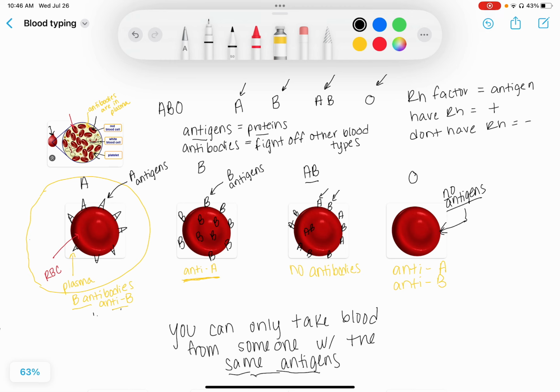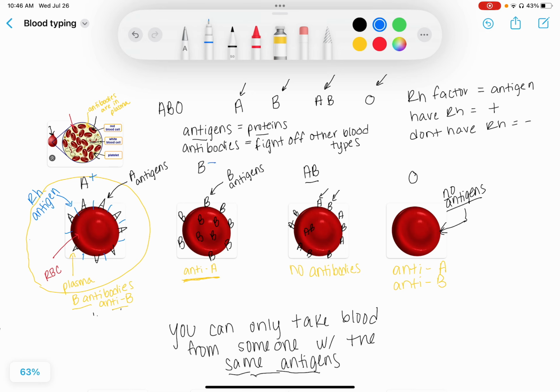Okay, so let's add the Rh factor to one of our other blood types that we've already drawn. So going back over here to A blood, let's say this person is A positive. All that means is that they have the Rh antigen on their red blood cell.